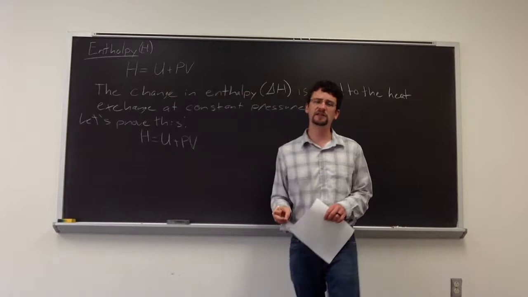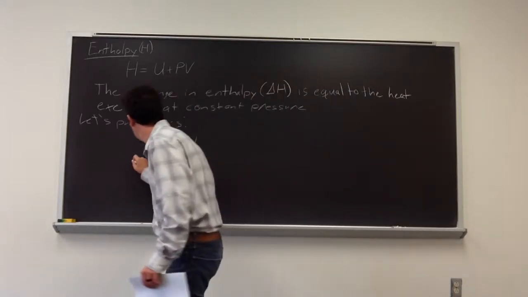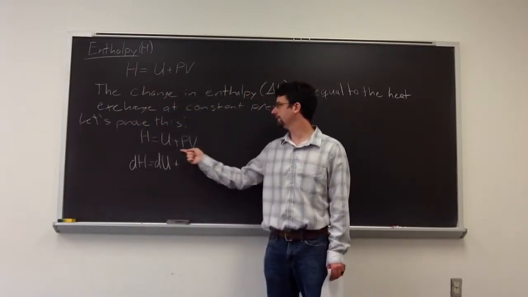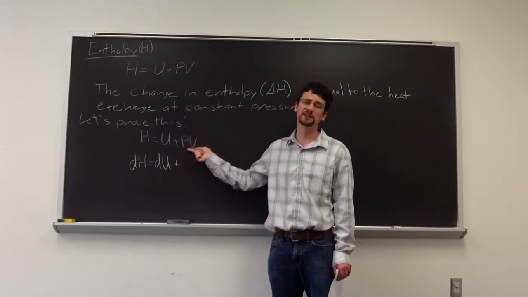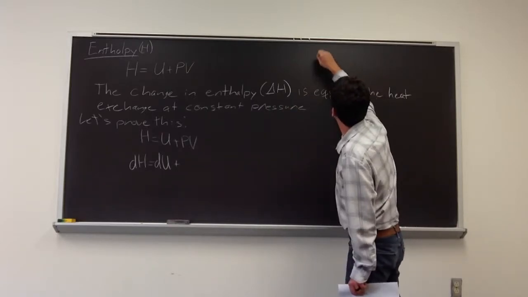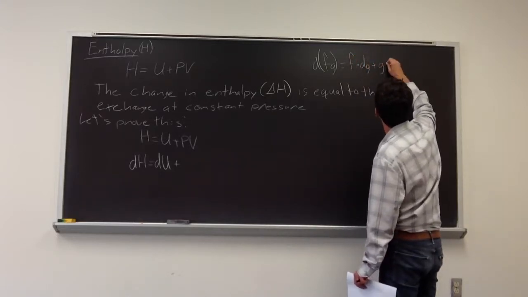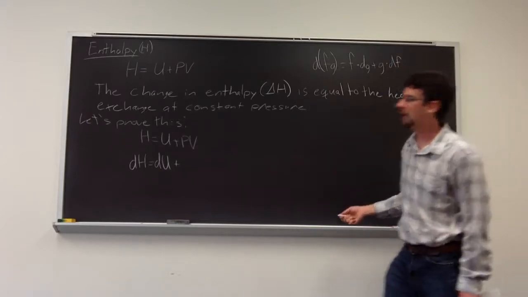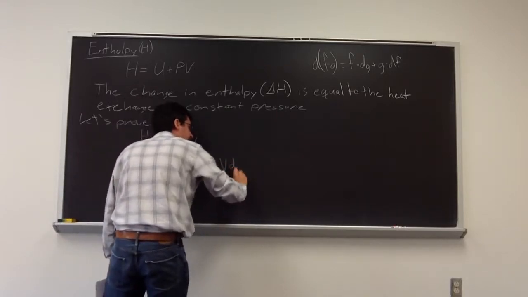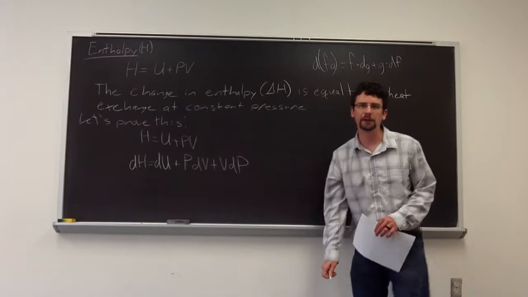Then we consider an infinitesimal change in these functions, so we get dH equals dU plus d of PV. Since we're taking the differential of a product, we have to apply the product rule: d of f g equals f dg plus g df. Applying that here, we get P dV plus V dP.